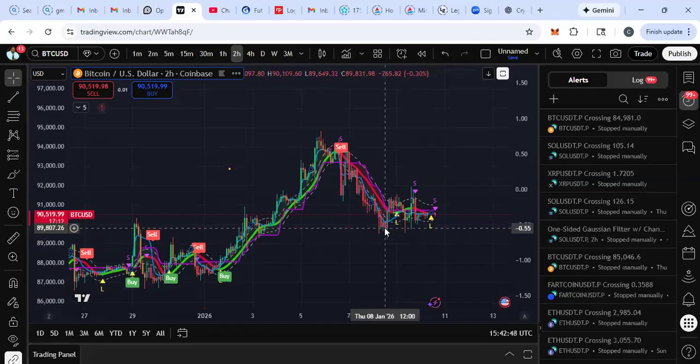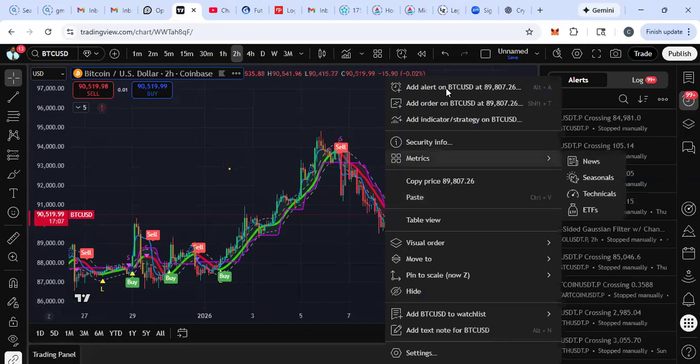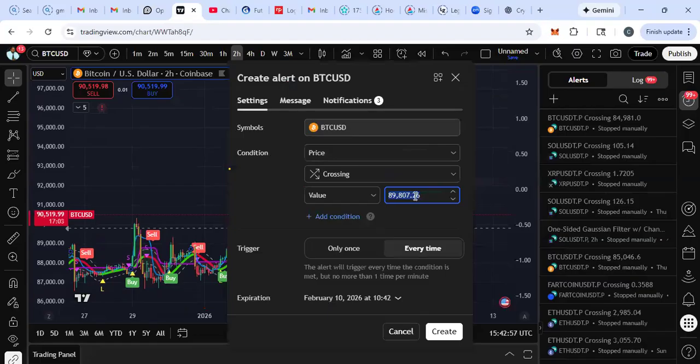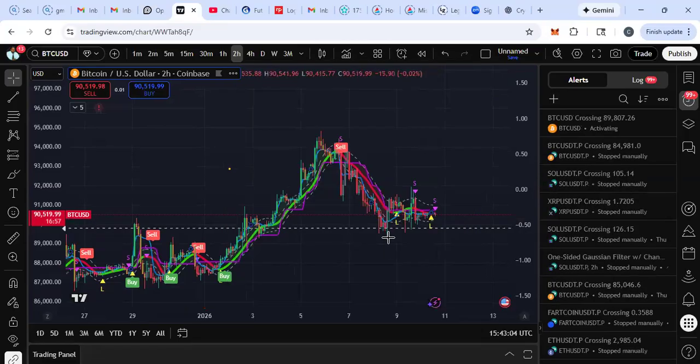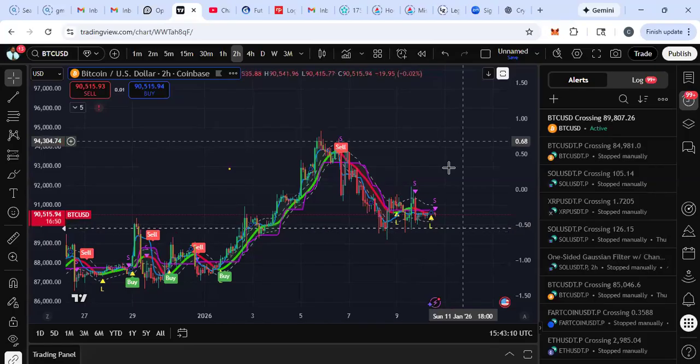I will put an alert here at 89,807.26, just to see if Bitcoin tests this support. Now, if Bitcoin tests this support and starts to rally back up, I know the market is going up.